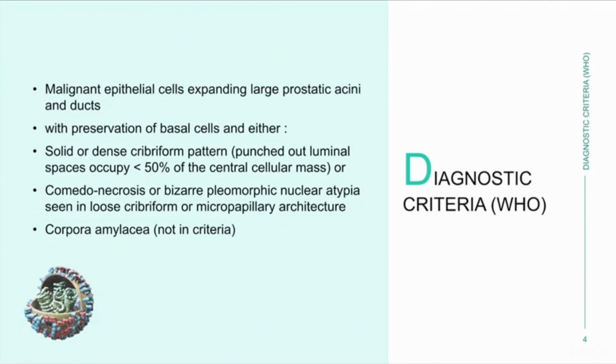The large expanded prostatic acini and ducts should contain malignant epithelial cells, with preservation of basal cells, and the architecture should be either solid or dense cribriform with less than 50% punched out luminal space, or, if it is loose cribriform or micropapillary, it must contain comedonecrosis or bizarre pleomorphic nuclear atypia.